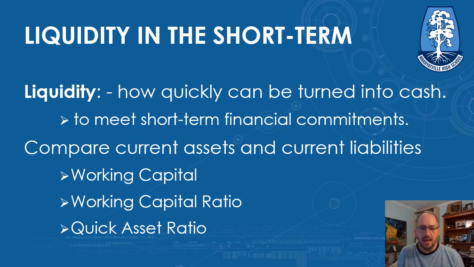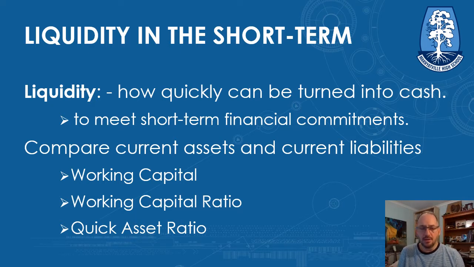Other assets like debtors and inventory can be turned into cash reasonably quickly. Debtors might take 30, 60 days to come in, sometimes 90. Whereas depending on the type of business, your stock, your inventory, can take anywhere from 30, 60, 90 days, 3, 6, 9 months to be converted into cash.